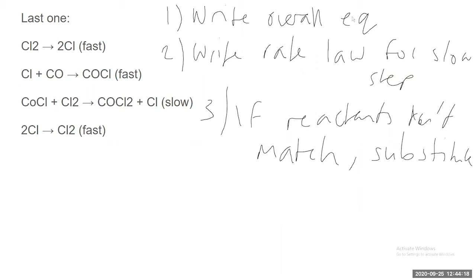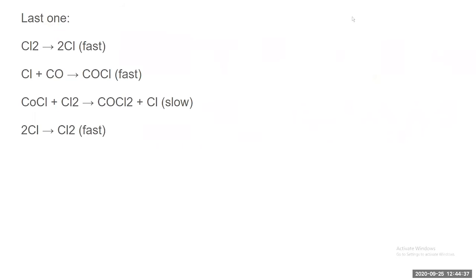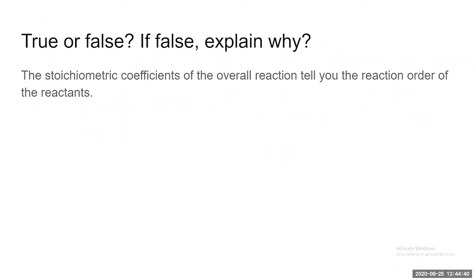So 3 basic steps: write the overall reaction, write the rate law for the slow step, and if the reactants in the rate law don't match the reactants in the overall equation, you need to do some substitutions. Those substitutions are very easy because you can use the stoichiometric coefficients in the front to determine those orders. So that's it for that example.